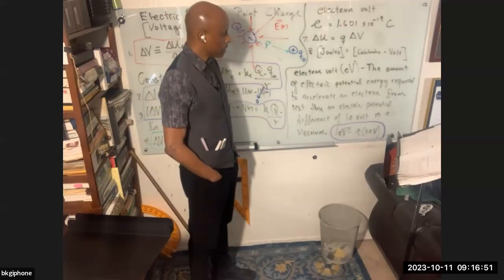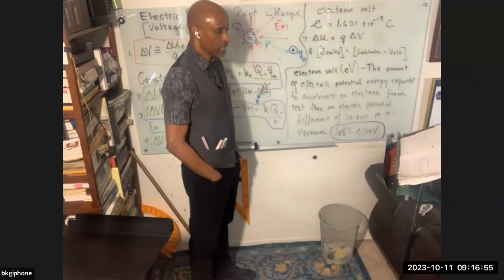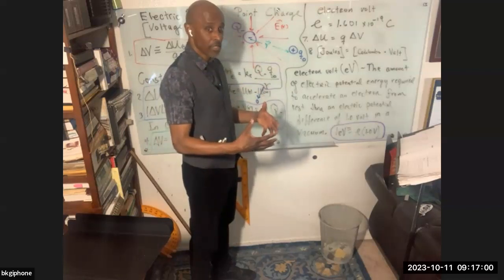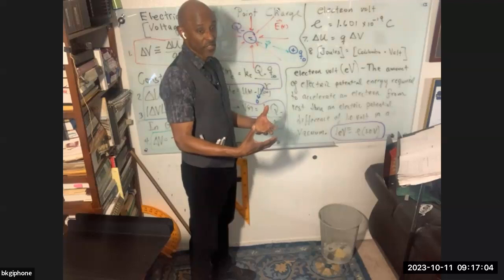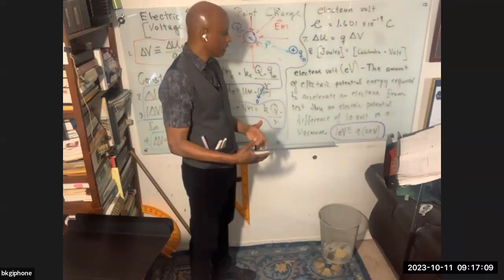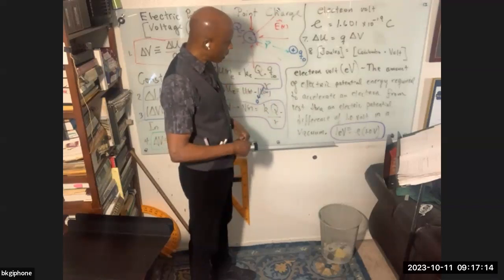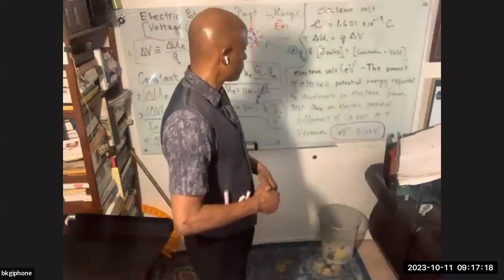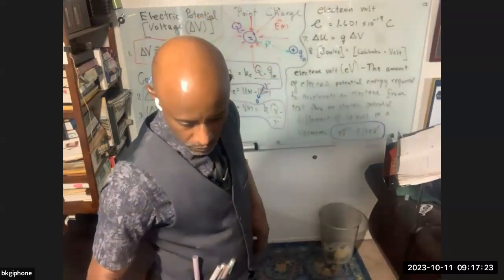But because of conservation of energy, the amount of kinetic energy that it obtains must be equal to the electric potential energy associated with that electric field, because that caused the electron to do that. So I like to state it this way. Electron volt.